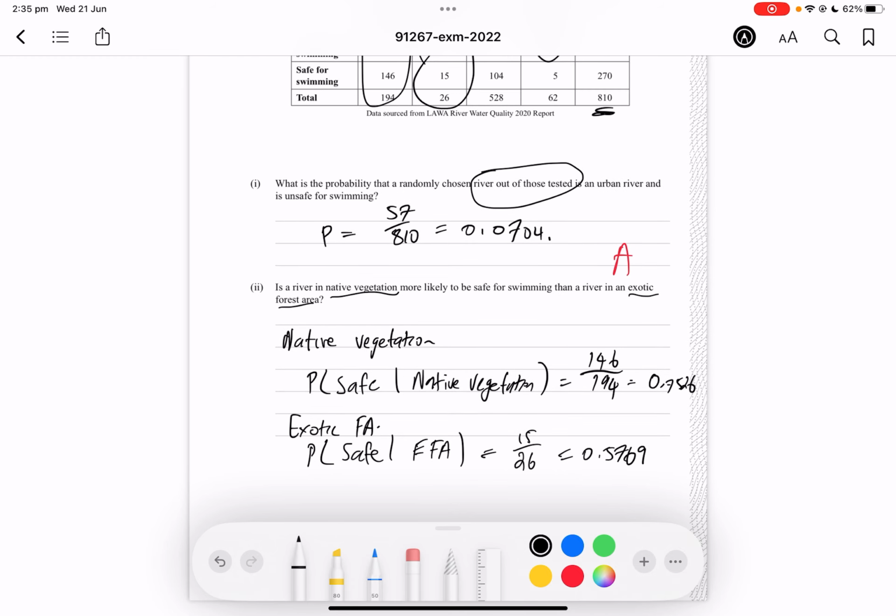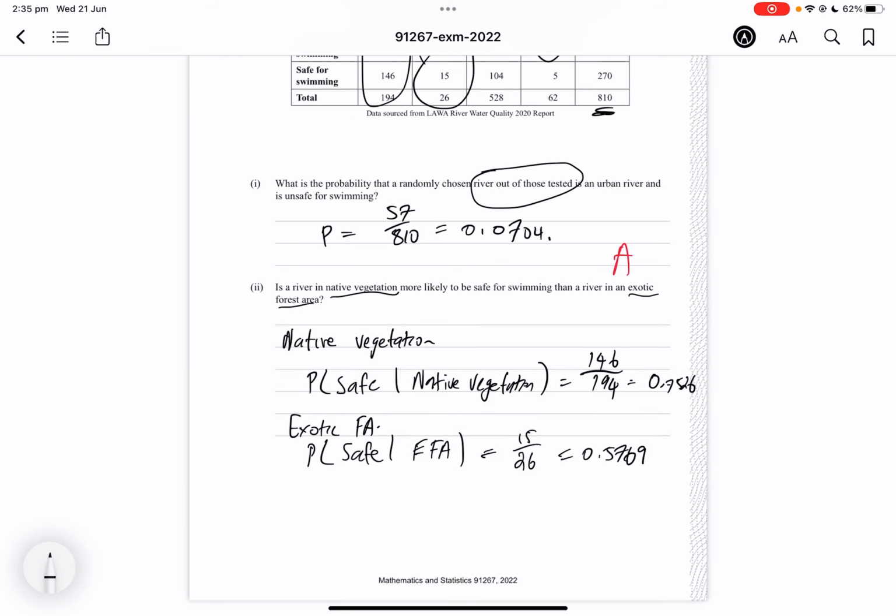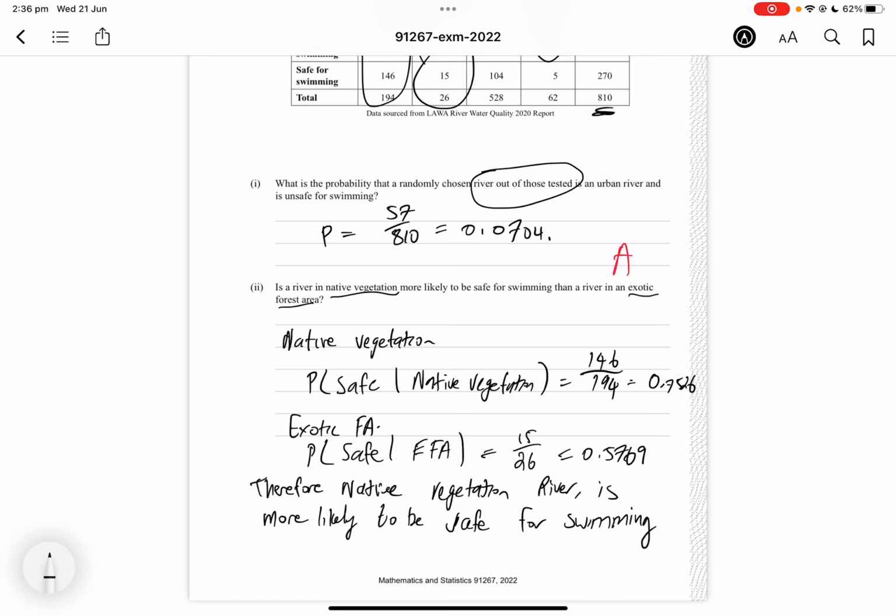And we're seeing that our native vegetation is probably more likely to be safe for swimming. So therefore, native vegetation river is more likely to be acceptable or safe for swimming than exotic forest area.